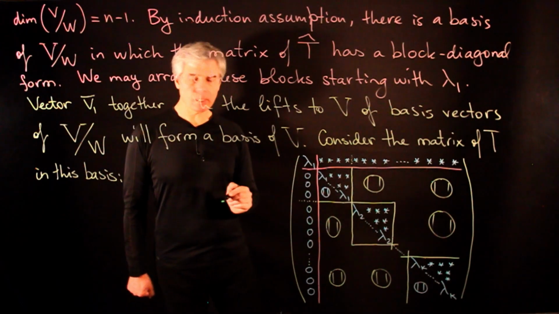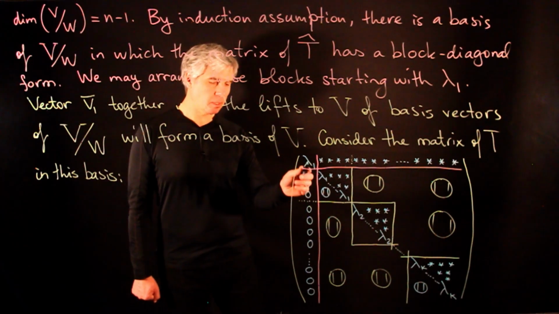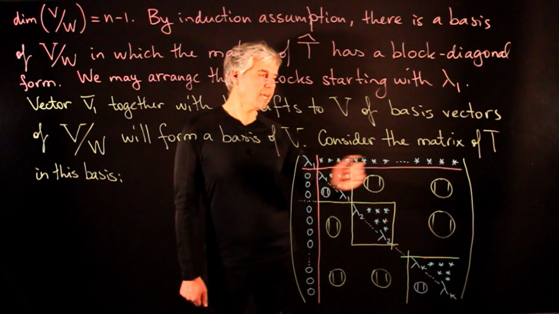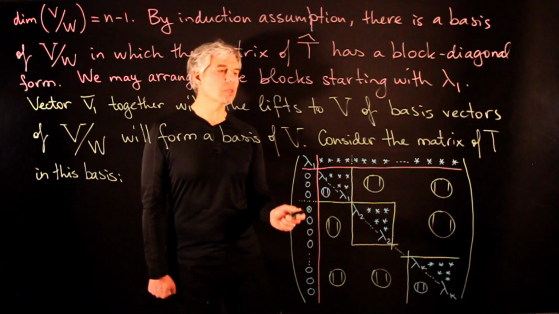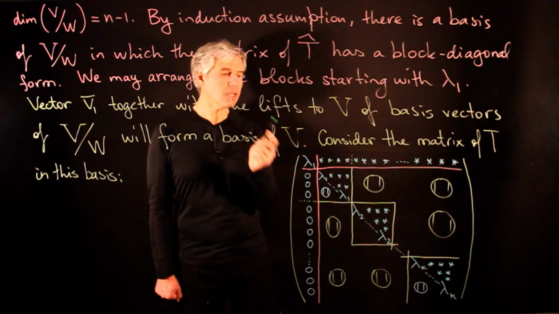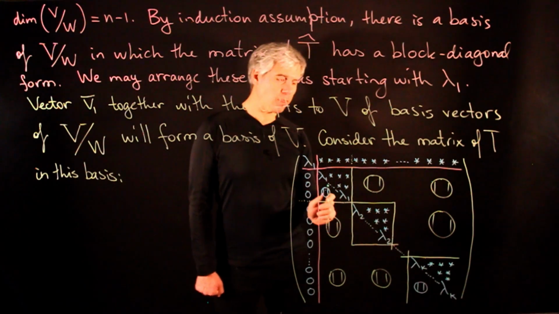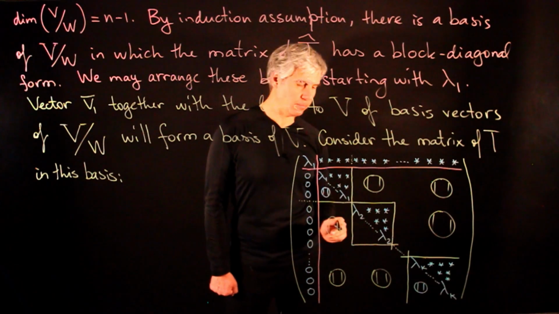And v1 is an eigenvector, so this means that below lambda 1 in the first column, we will have all zeros. The bottom right corner of size n-1 corresponds to the matrix of T hat in the chosen basis. And by the induction assumption, here we have a block diagonal form with blocks that correspond to each of the eigenvalues.